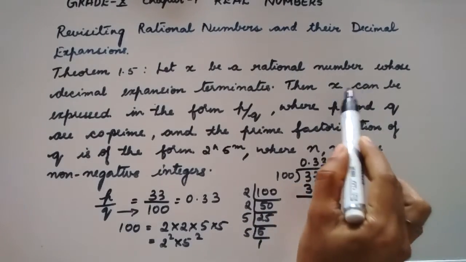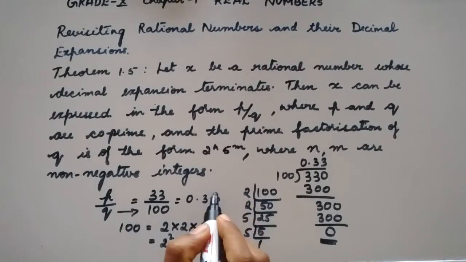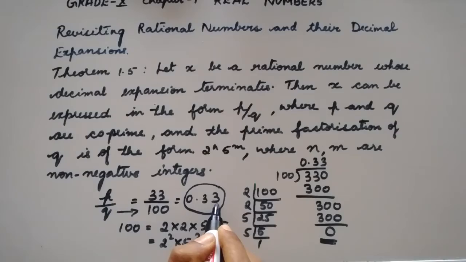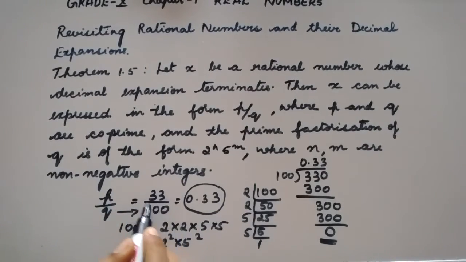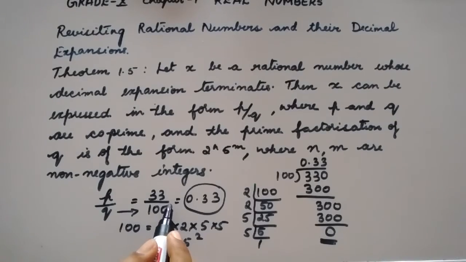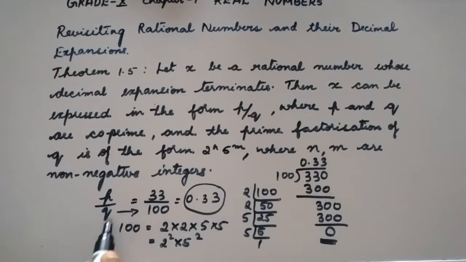So x, which is expressed in the form p by q, what is x? x is nothing but 0.33, which is expressed in the form p by q, which means 33 by 100, where p and q are co-prime. And q is nothing but 100, and it is of the form 2 to the power n into 5 to the power m, where n and m are non-negative integers.